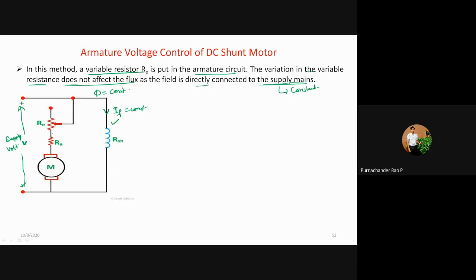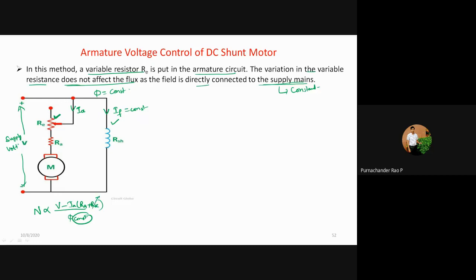So if you vary the resistance Re, then there is a variation in your armature current Ia. So your speed equation will become N is proportional to V minus Ia into Ra plus Rse, and here in the denominator flux is constant. This phi is constant, and your voltage is also constant.